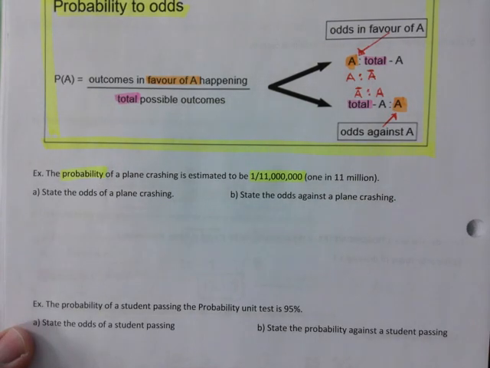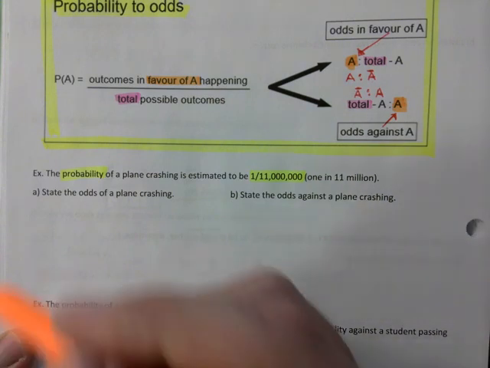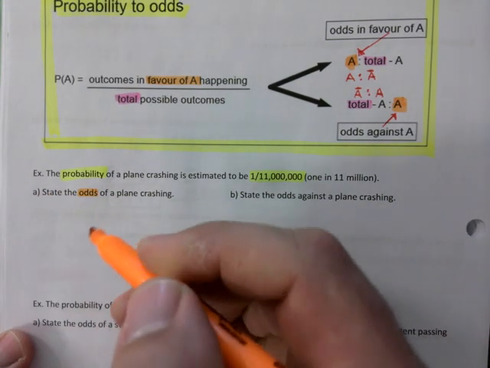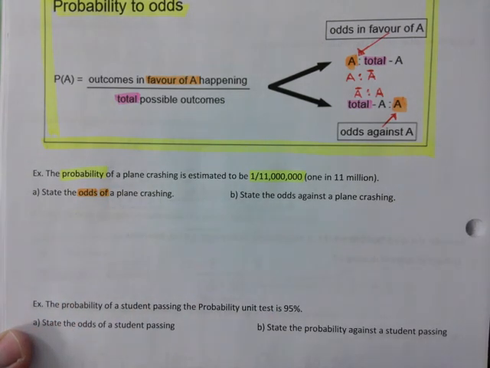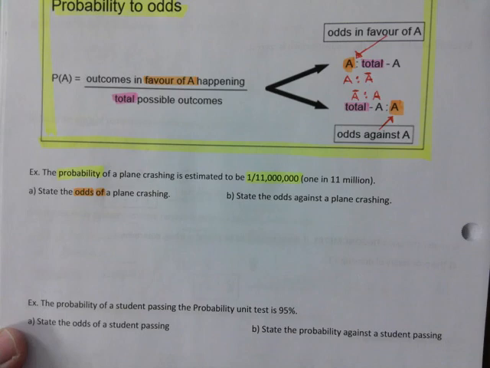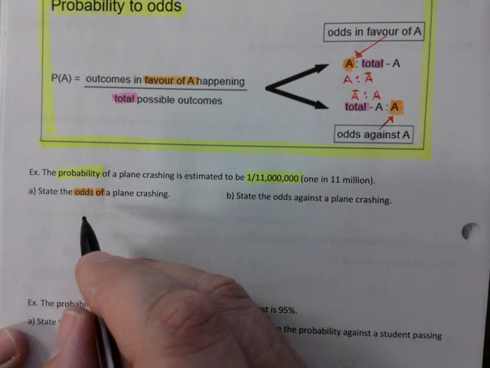State the odds of. So odds needs to be accompanied with the word of, or for, in favor. That way you know where to put it.